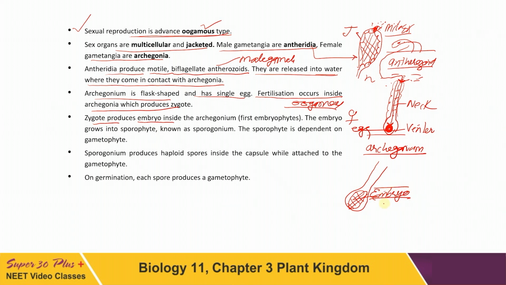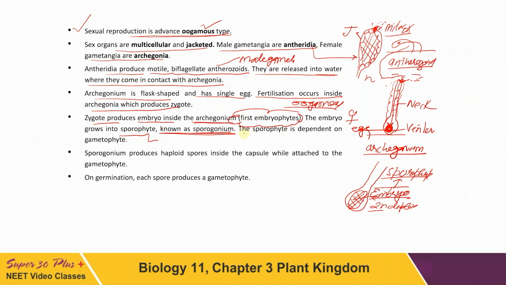Here the number of chromosomes is 2n, a diploid structure. Therefore, in time, the embryo develops into a diploid structure known as the sporophyte, also known as sporogonium. What is important: the zygote produces the embryo inside the archegonium. Therefore these are the first embryophytes. The embryo grows into the sporophyte, a diploid structure known as sporogonium.